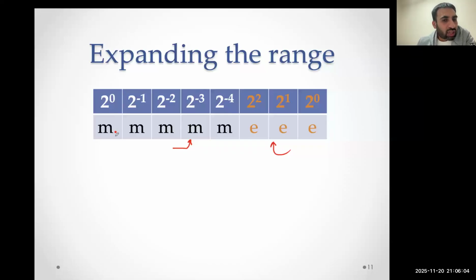Here, the first digit in the mantissa always has a dot, like 1.2 or 1.3 or -1.7, right?